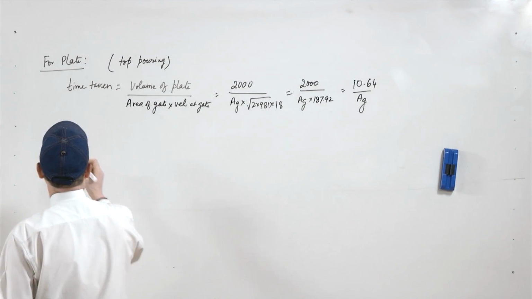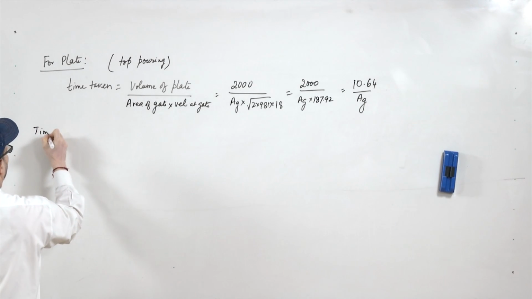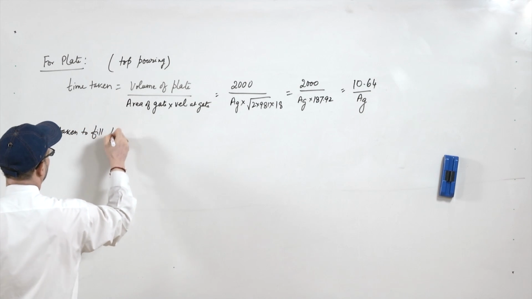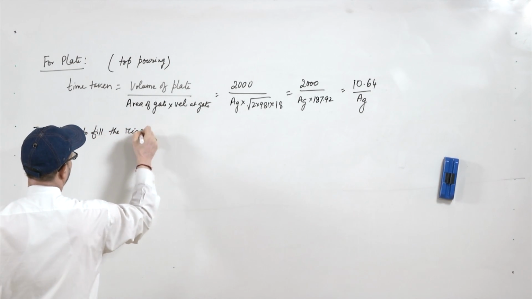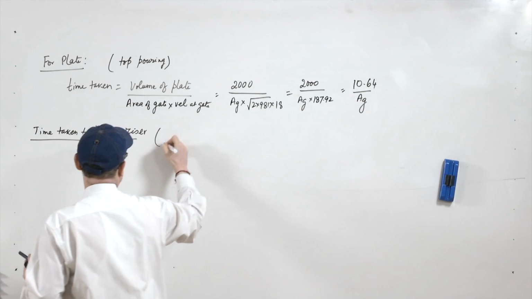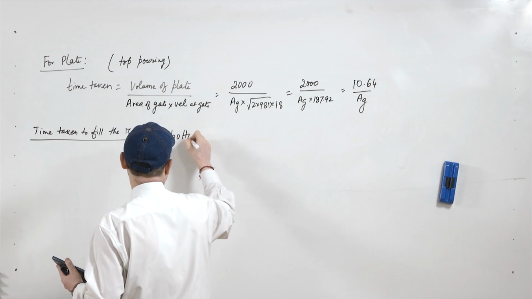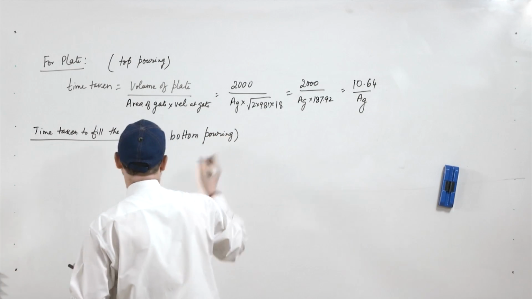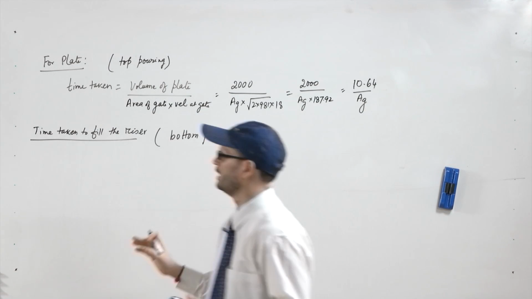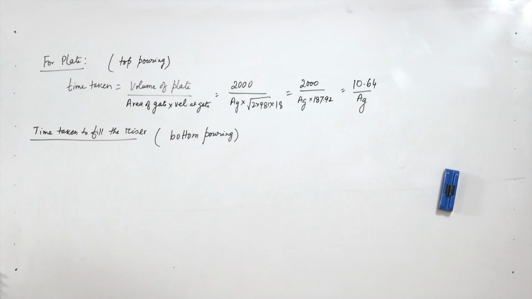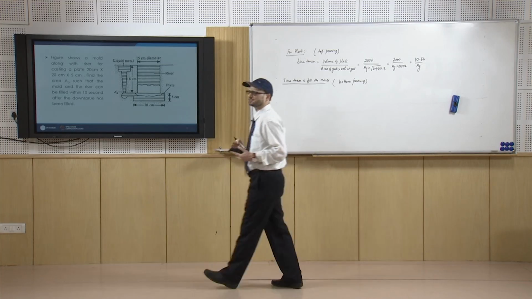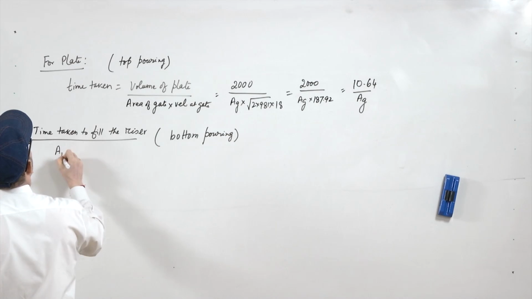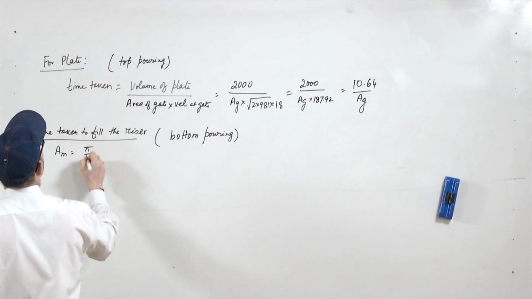Now, time taken to fill the riser. In this case you have bottom pouring, because the riser is at a level above the level of the gate. So, this is a case of bottom pouring. In this case you have Am as pi by 4.